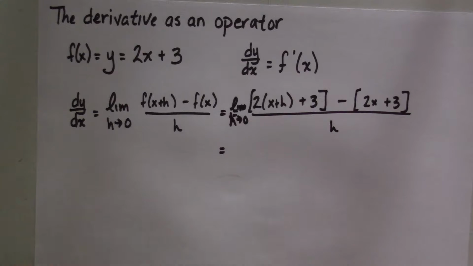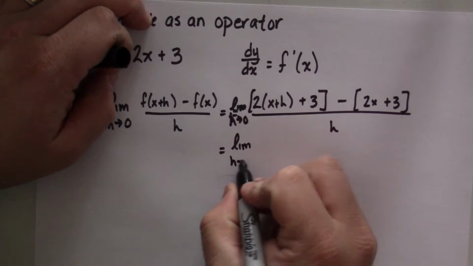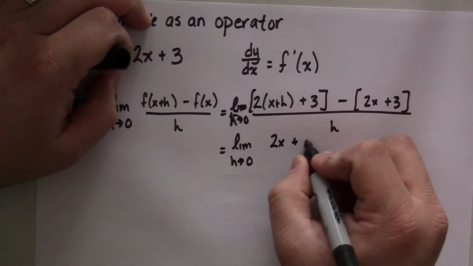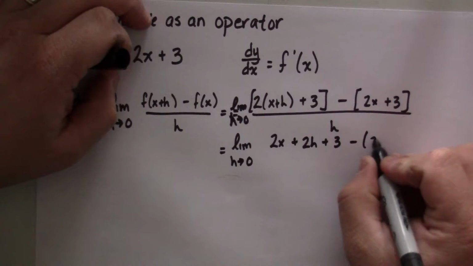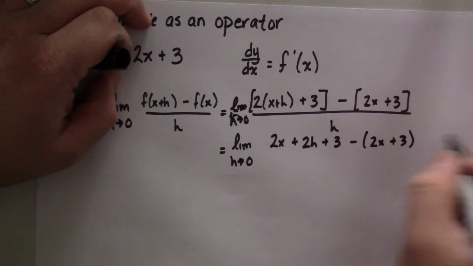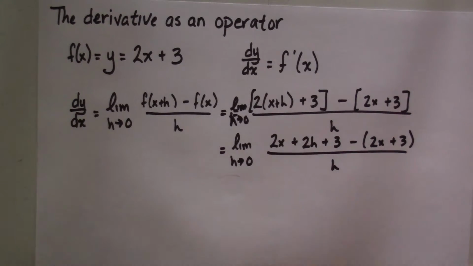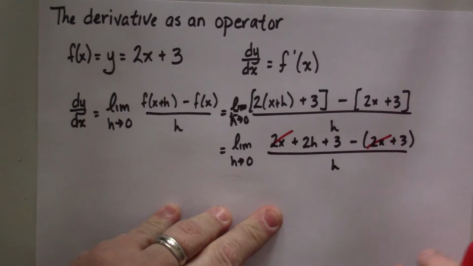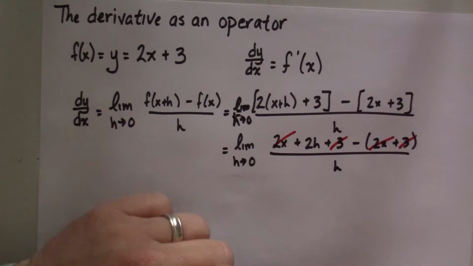Now, let's go ahead and distribute out that 2 in the first term. So I've got 2x plus 2h plus 3 minus 2x plus 3, all of that over h. And now we're going to play the game of what can I cancel. Well, I've got 2x minus 2x, so that's 0. I've got 3 minus 3, so that's 0.